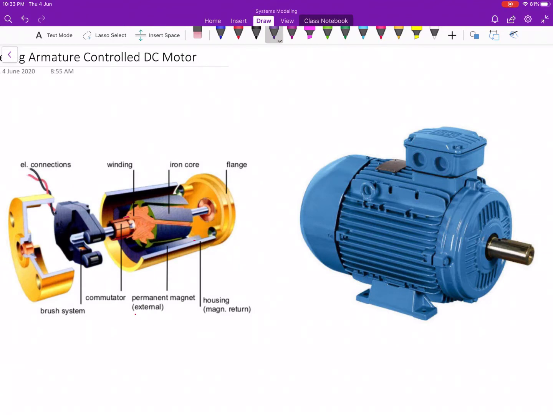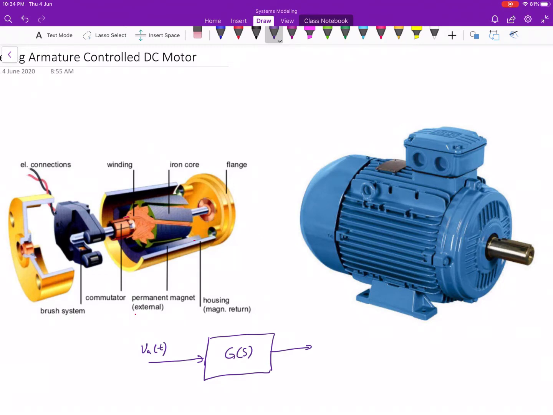So our model, assuming that this is our system G(s), and our input into this motor is a voltage, let's say v_a(t), and our output will be a rotation, because we are going to input an electrical voltage into the motor, and the motor is going to spin.